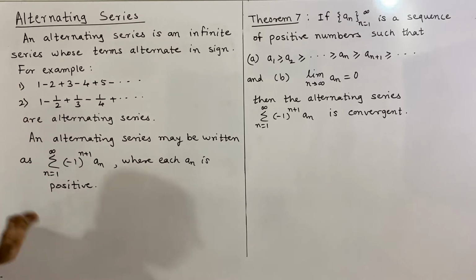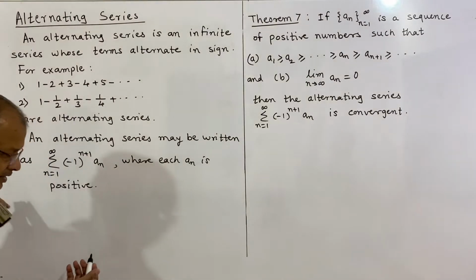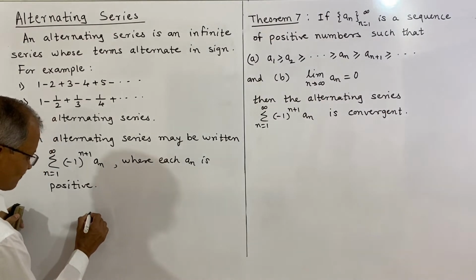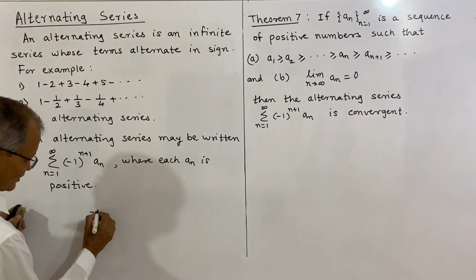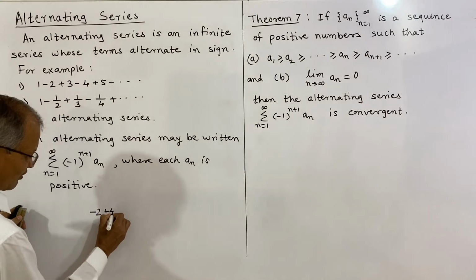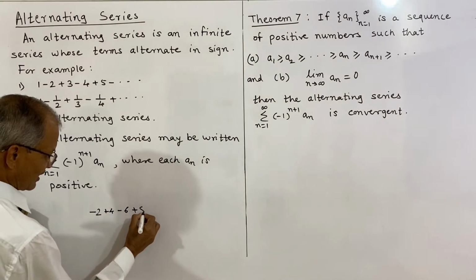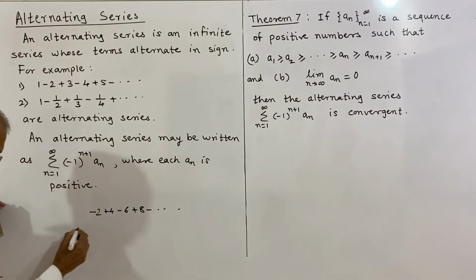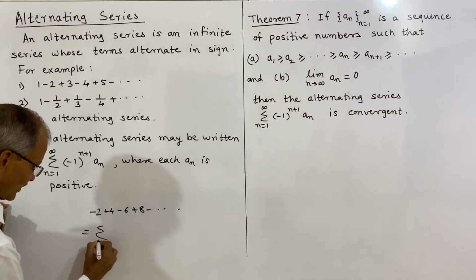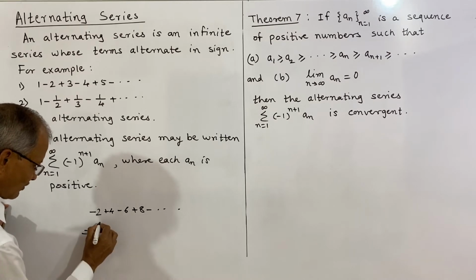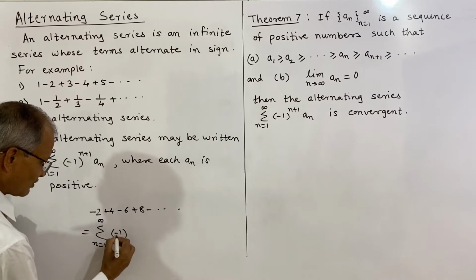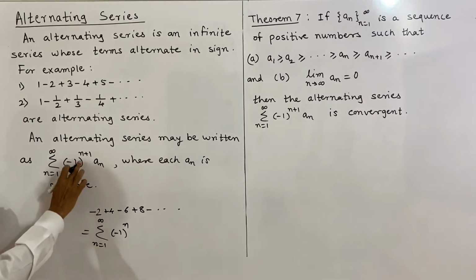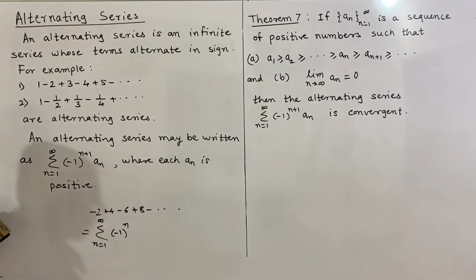The series may have the first term negative. So, for example, if the series is say minus 2 plus 4 minus 6 plus 8 etc., this is also an alternating series, and this can be written as summation n takes value 1 to infinity minus 1 to the power n, because the first term is negative. If the first term is positive, we write minus 1 to the power n plus 1.